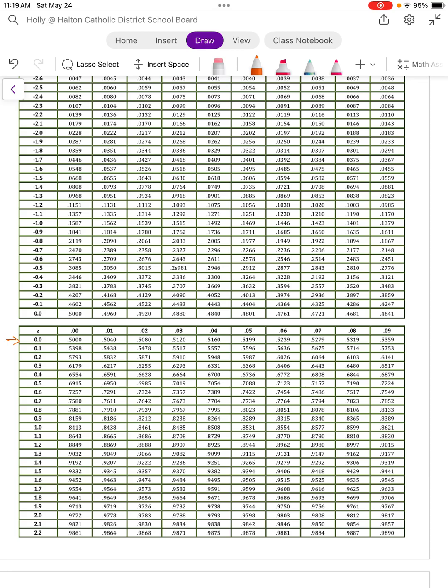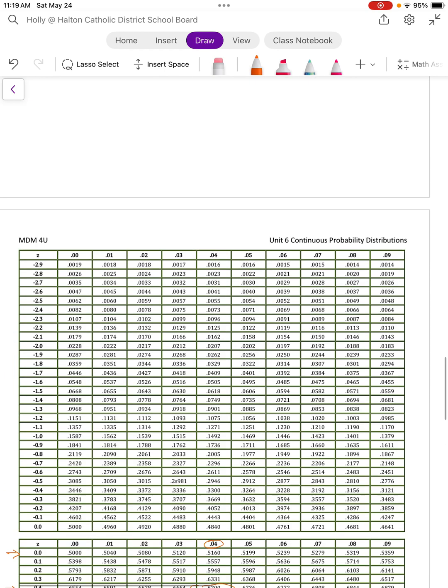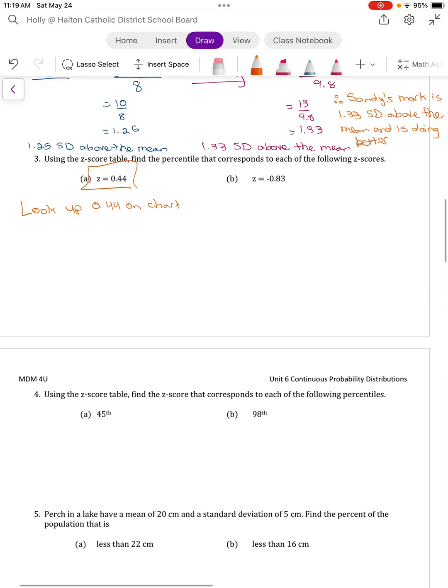And if I go down, I'm at 0.4, but I need to go over to 0.44. So the 0.44 would give me a percentile of 0.6700.